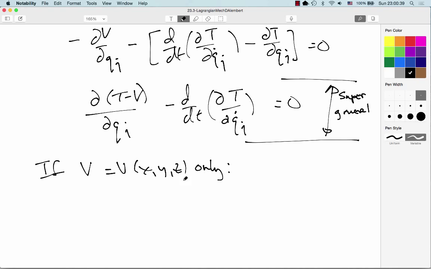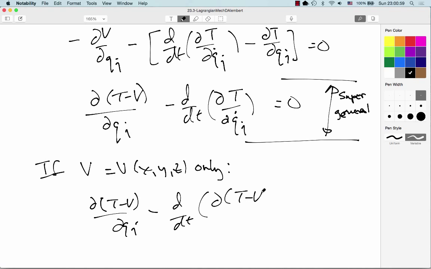Because I differentiate with respect to the qj dots, and I'm good. So this is super general, but if we've got a well-behaved potential, I can rewrite this as partial of T minus V partial qj minus d dt of partial of T minus V partial qj dot equals 0.